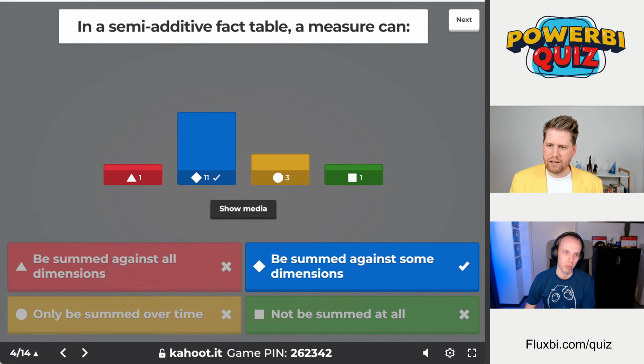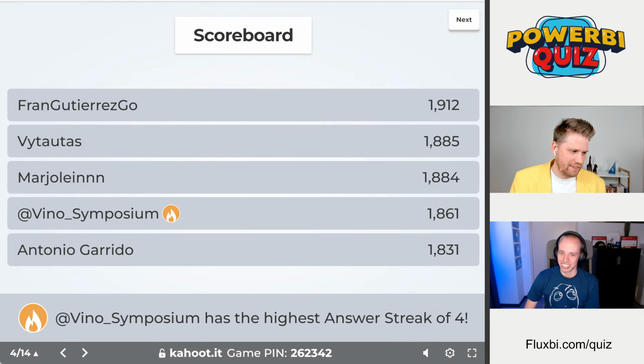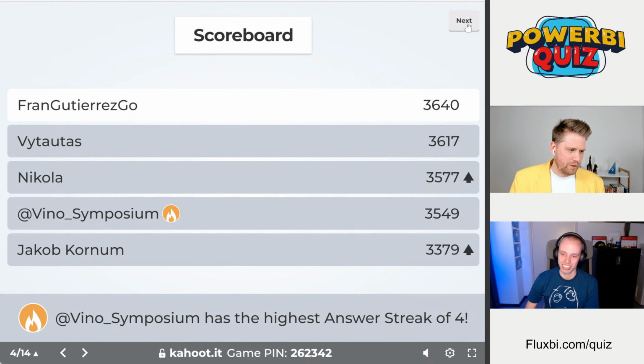So then you cannot sum it or do anything with it. So not against all dimensions, but it might still make sense to plot it against product categories or whatever.